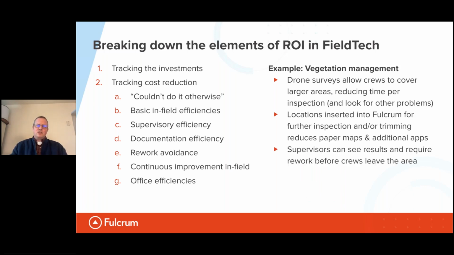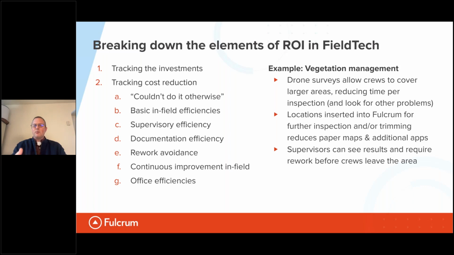In addition, supervisors, because they are able to see what's going on in the field, the field tech that you've assembled is enabling them to look at images, video, hear audio notes, whatever it may be, all in much closer to real time, means that they can see that result and investigate what's going on a little bit.